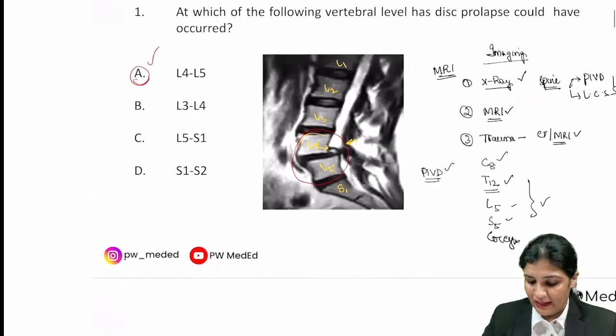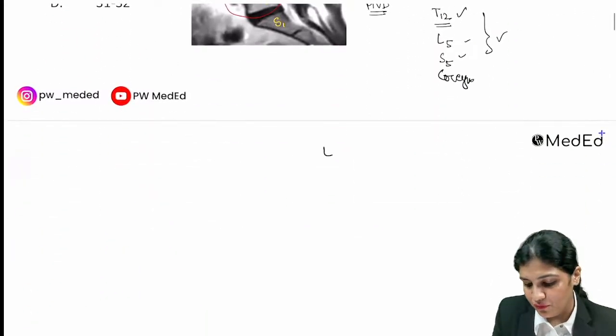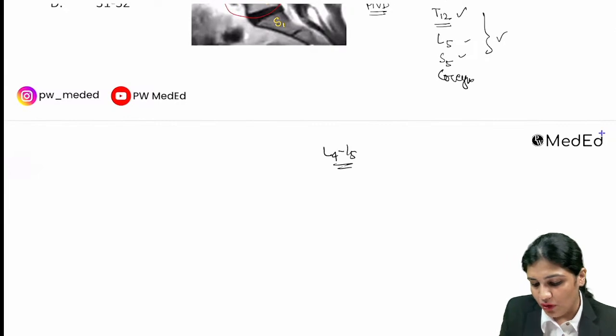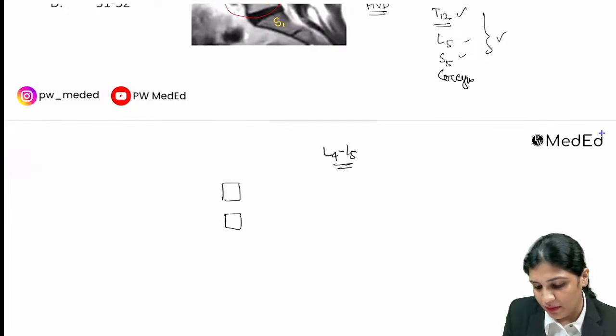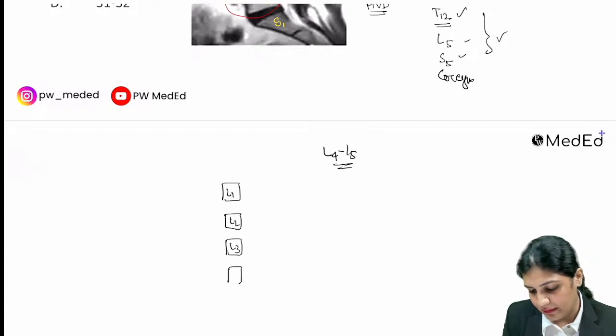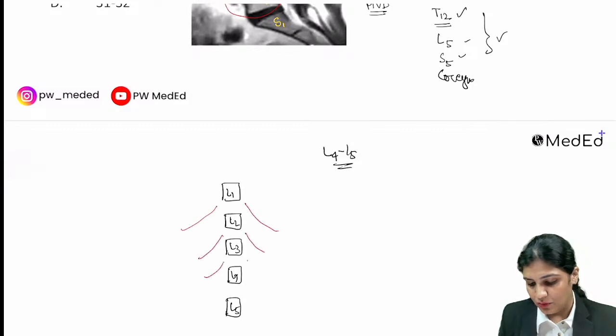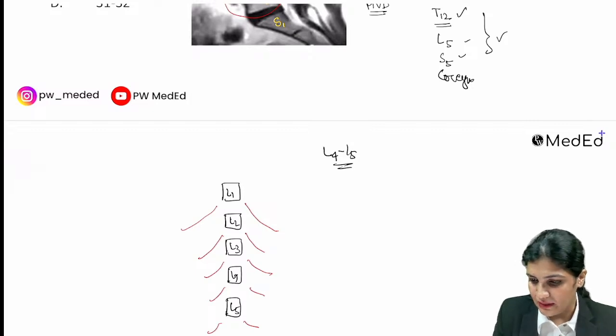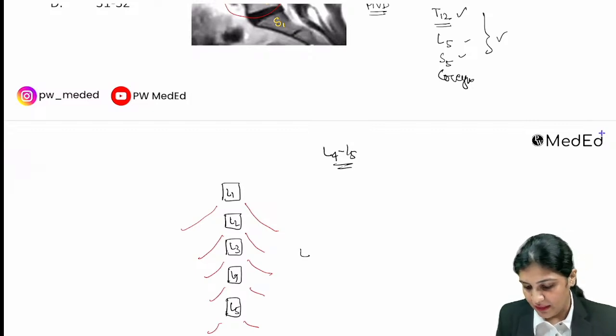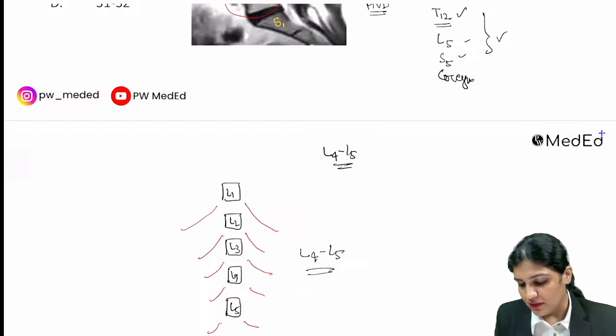And let us understand the root which gets compressed in L4 and L5, right? So if you all remember, let us take the lumbar vertebrae here. So this is L1, L2, L3, L4 and L5, right? And these are your nerves which come from just below the vertebrae. So if there is a compression between, for example, L4 and L5, the nerve which gets compressed is your L5, right?